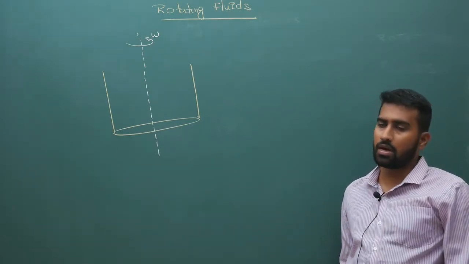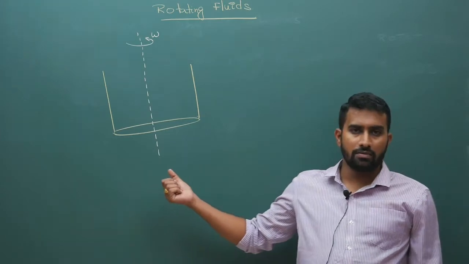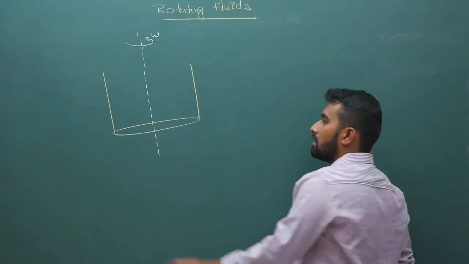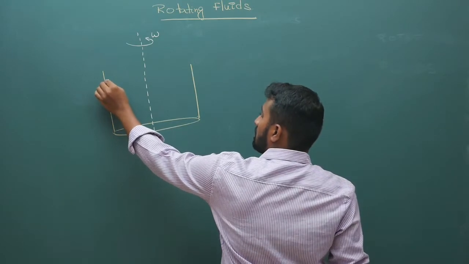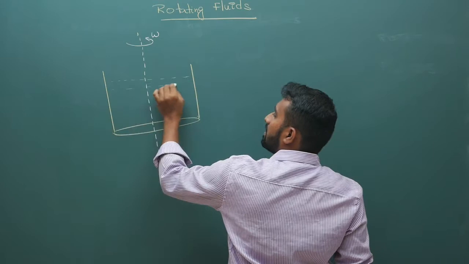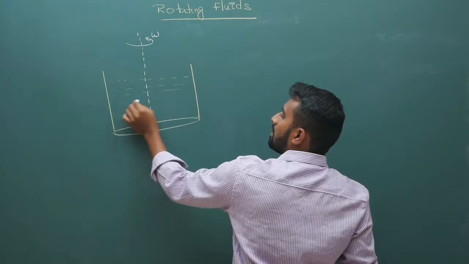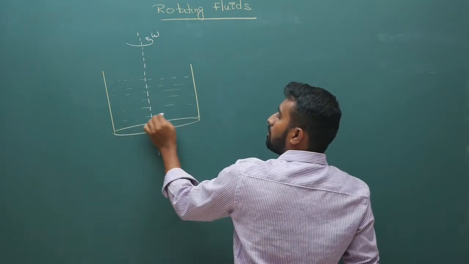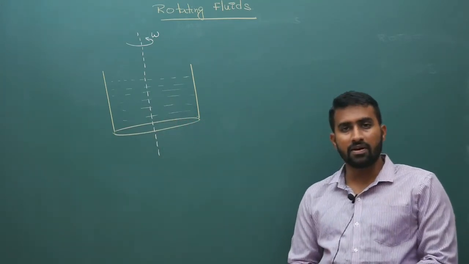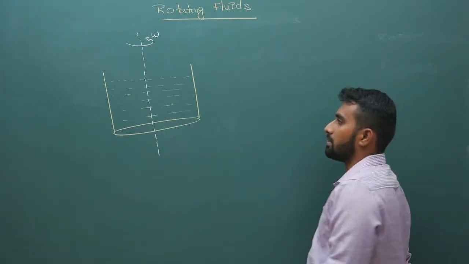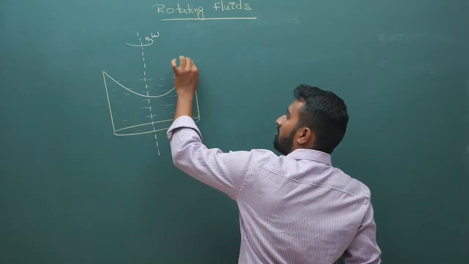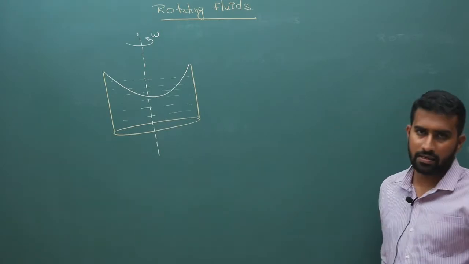Initially the liquid is filled flat, but when you start giving angular velocity, the liquid will take a different shape, a paraboloidal shape.